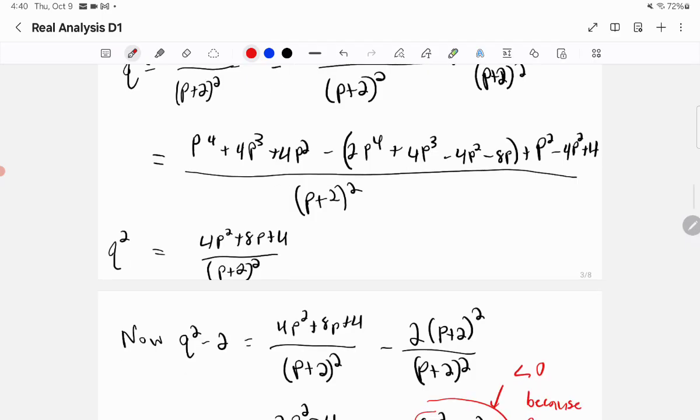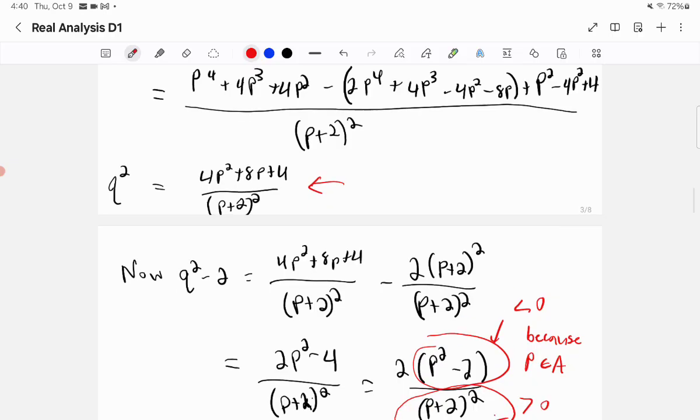Okay, and so what I end up with is this. I get Q squared is equal to 4P squared plus 8P plus 4, and I encourage you to try this on your own, but plus 4, divided by (P plus 2) squared. Great. So now I've expanded it all out, and I get this term.